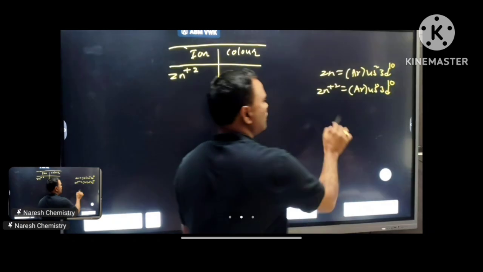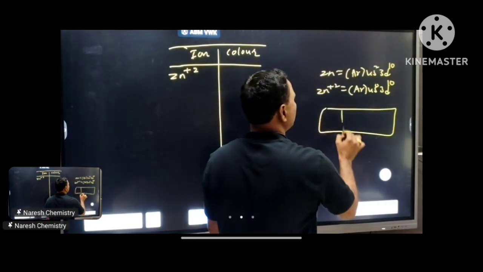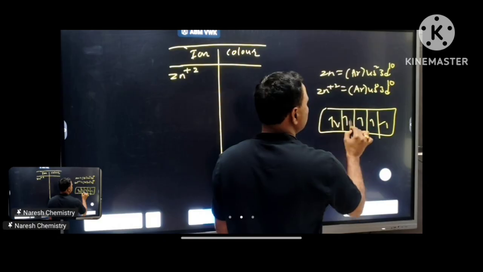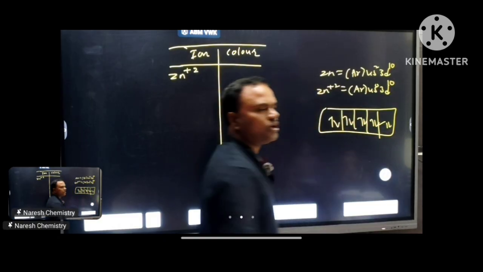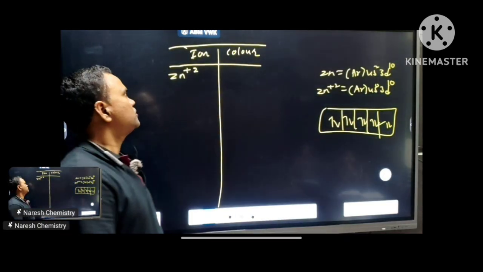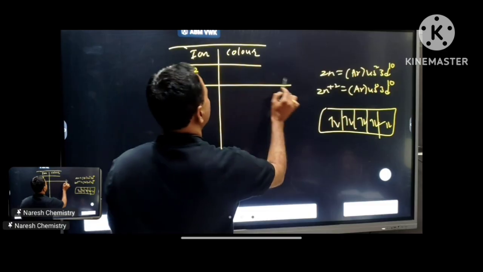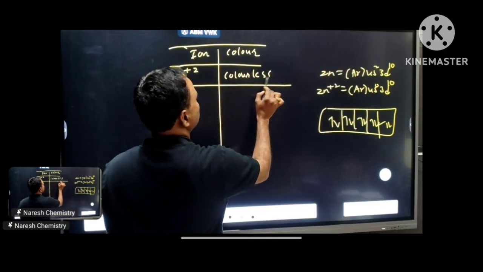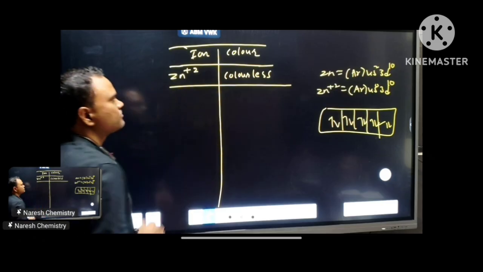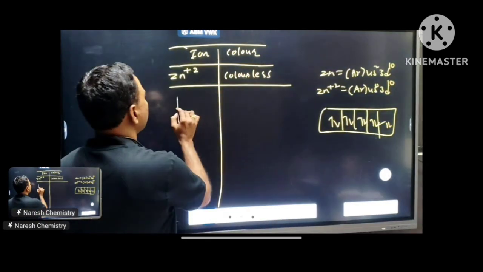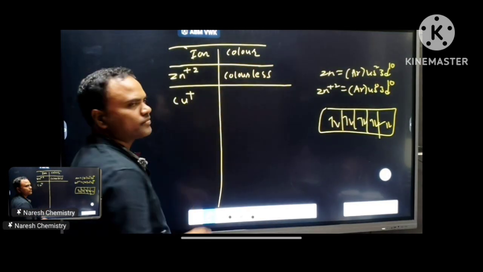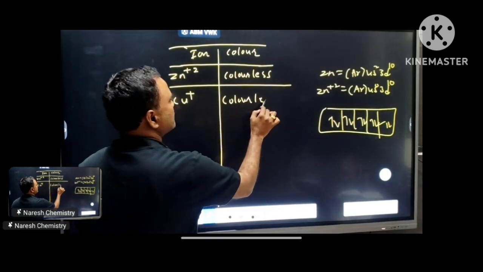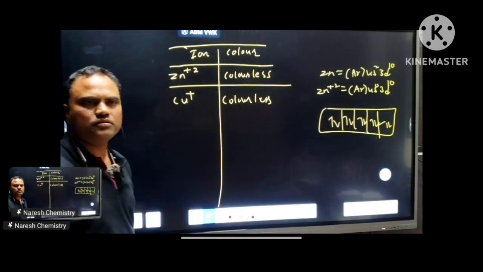D10, all are paired: 1, 2, 3, 4, 5, 6, 7, 8, 9, 10. There is no single electron, so Zn plus 2 is colorless. Copper plus is colorless. Is there any single electron? No.